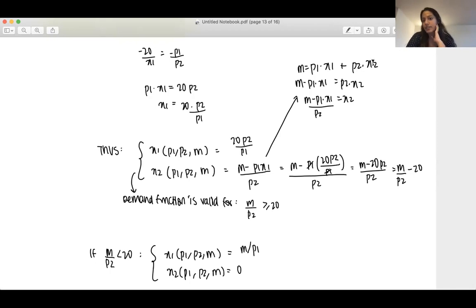If you put x2 as 0, no matter what p2 is, it'll cancel out, because when you multiply with a 0, it just becomes 0. So if you rearrange the formula, it'll just be m equals p1 times x1 plus 0. So we've gotten rid of the 0. And then when you rearrange for m equals p1 times x1, if you separate x1, you just get x1 equals m over p1. Does that make sense? Yeah, I don't know why I didn't get it the first time.